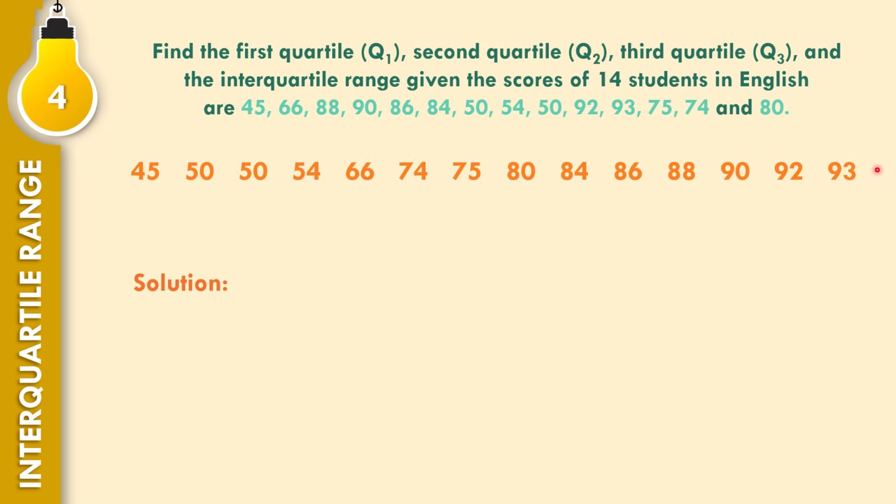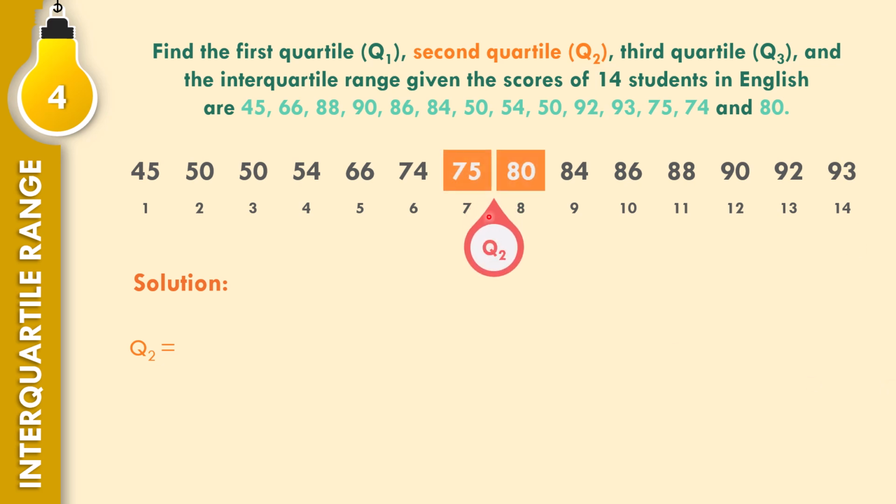First, we need to identify the quartile 2, or the second quartile. But first, we need to identify the middle. So the middle from those numbers from 1 up to 14. N is equal to 14. It means the middle is between the positions 7 and 8.